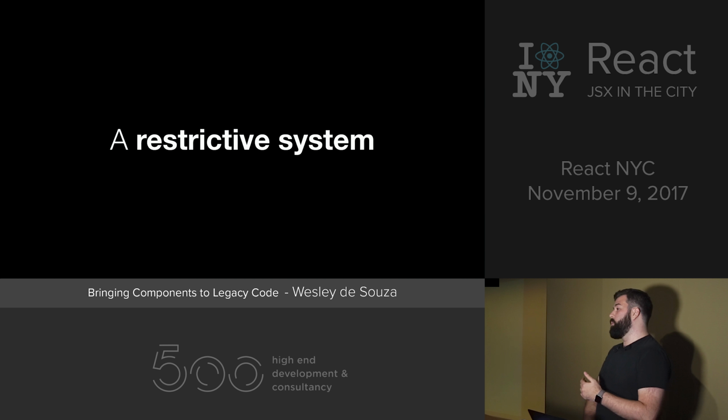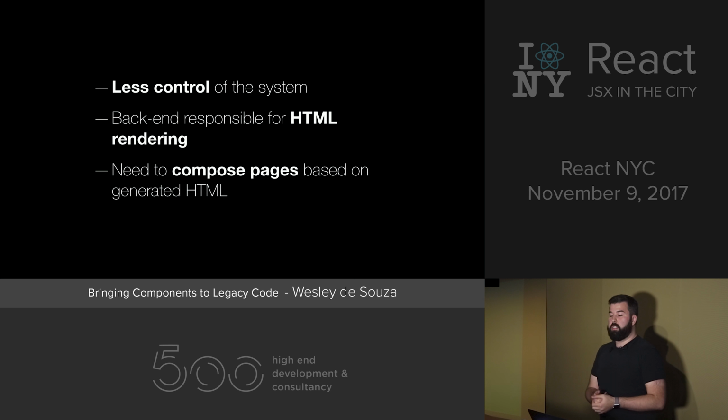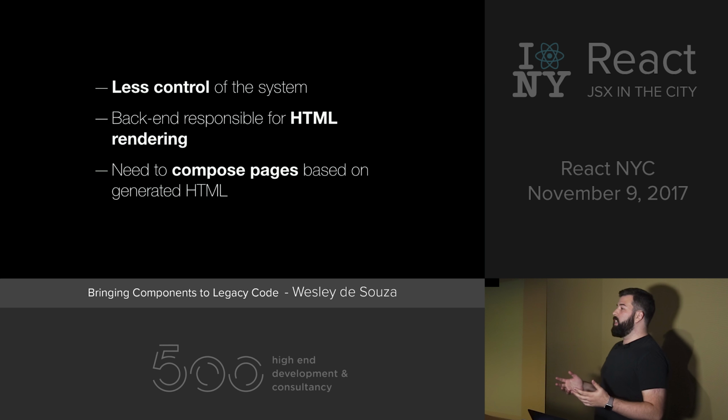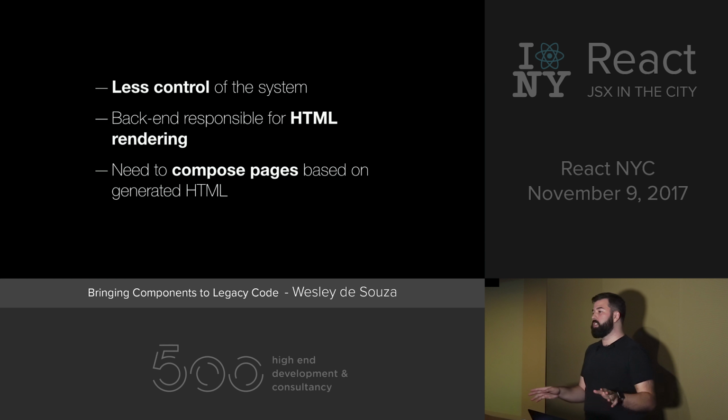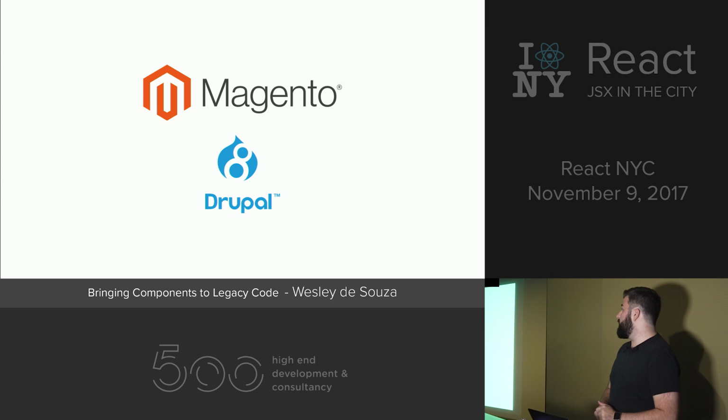But it's also a restrictive system. If you don't have a lot of control over whatever is generated, and everything is decided by a CMS or another backend system that needs some kind of composition ability and passing properties, and it will never work perfectly with the way React works, for instance, that's actually a restrictive system.